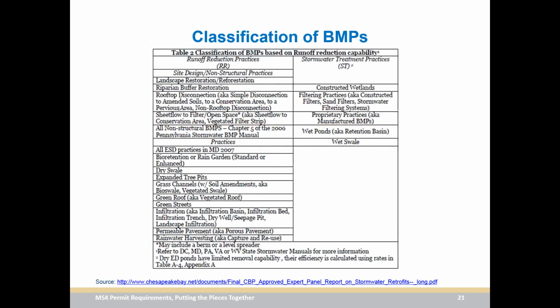Table 2 in the CBP panel defines BMPs in 2 categories, as you can see here. There's runoff reduction practices and stormwater treatment practices. The majority fall under runoff reduction, and they're primarily based on lower storm events, and the stormwater treatment practices can provide treatment for larger events.